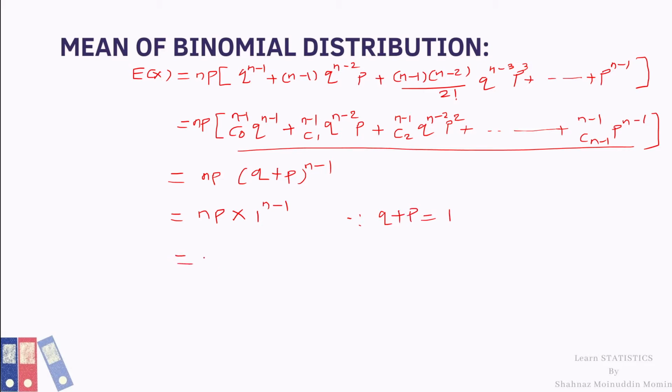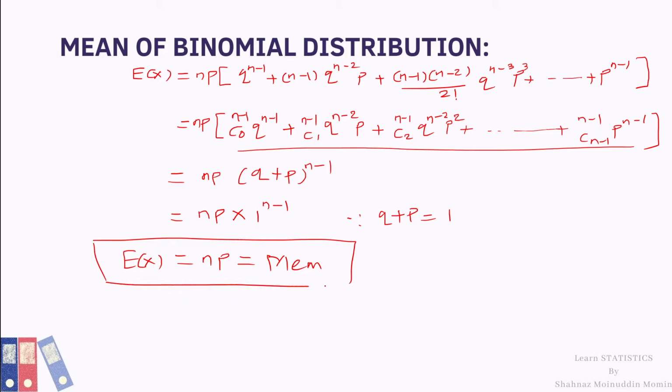So it is n into p, hence mean equal to n into p. Here the constants n and p are known as the parameters of binomial distribution.